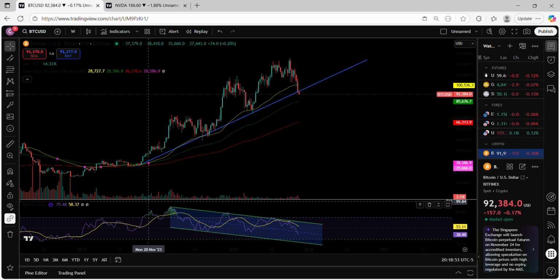Now, I've been studying this Bitcoin chart, and I keep telling myself I have seen this chart before, but I never could put my finger on it. There are some distinct things about the chart that stand out.